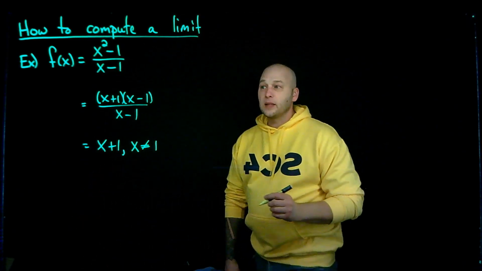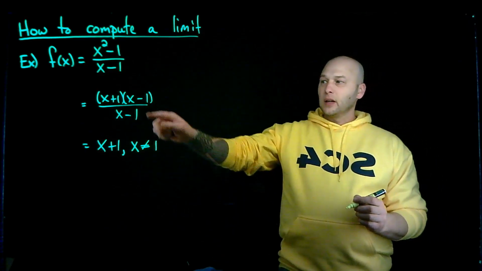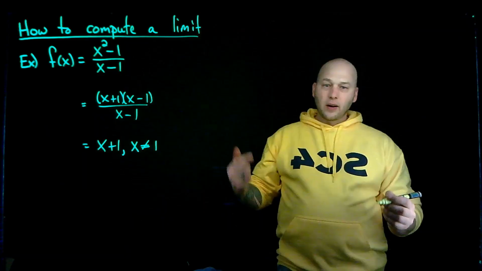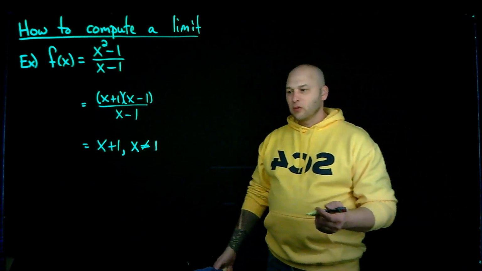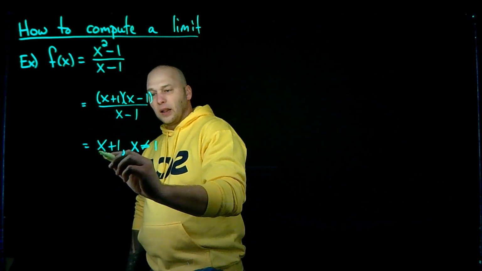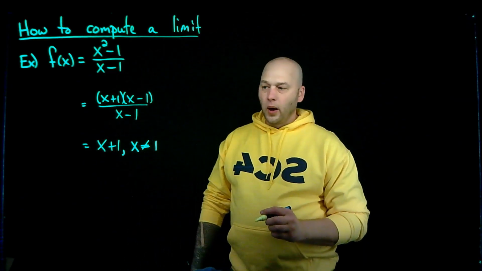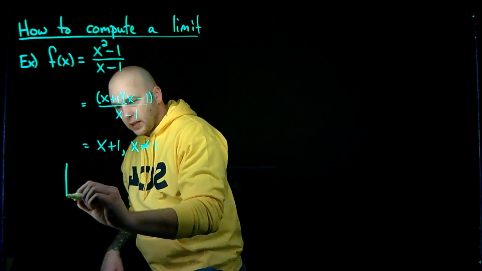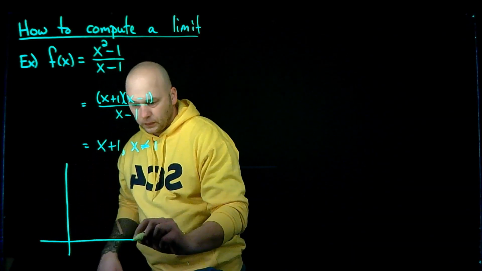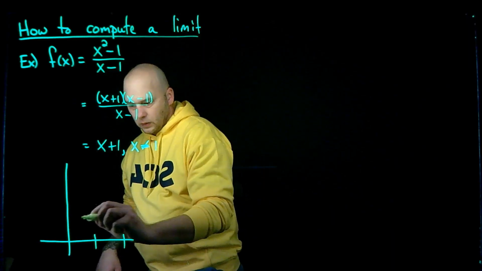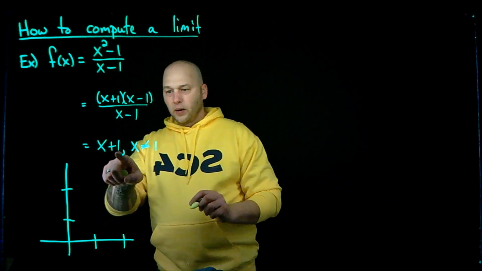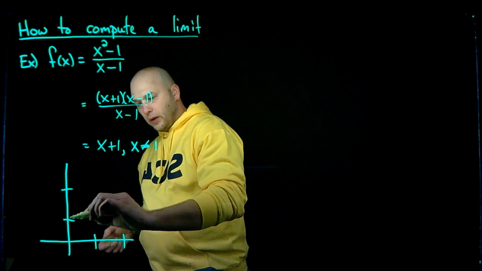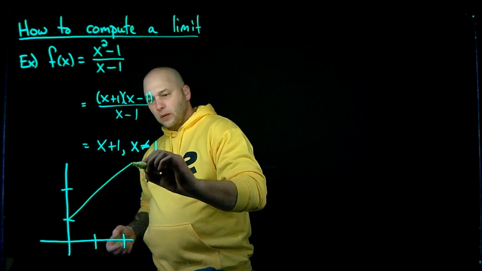So let's go ahead and sketch the graph of what that looks like. Thinking about what the graph looks like, it looks kind of complicated. It's a quadratic over a linear, but once I reduce it, it's really not that big of a deal. It's just this line with x equal to 1 removed from the graph. So if I do a quick sketch of this, the y-intercept is 1, the slope is 1, so the graph looks like that.